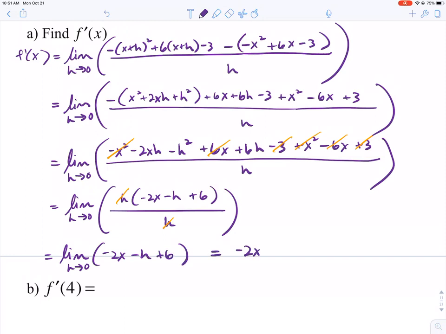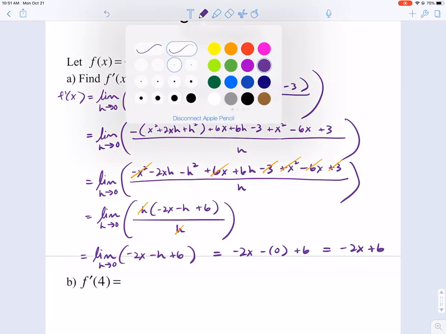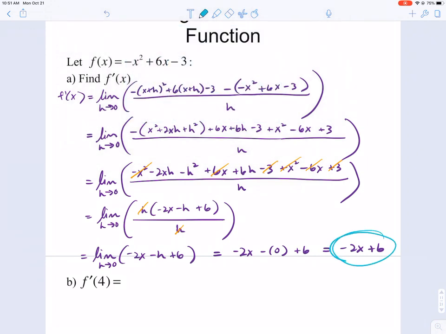Which now when we use direct substitution, you're just left with negative 2x plus 6. So this is our derivative, negative 2x plus 6. That is f prime.